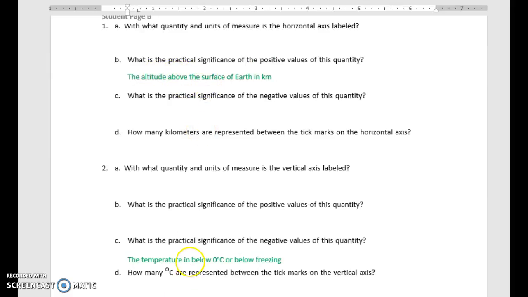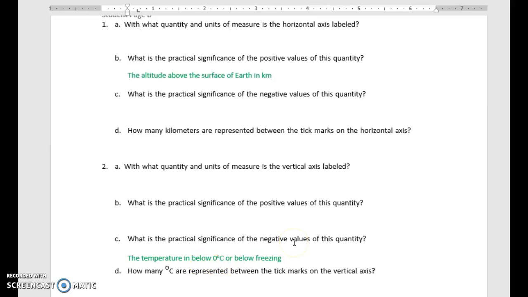In the output or vertical axis, we have the temperature indicating degrees Celsius, but it is referenced at 0 degrees Celsius. So if it were a negative value, then the temperature is below 0 degrees Celsius, or below freezing.